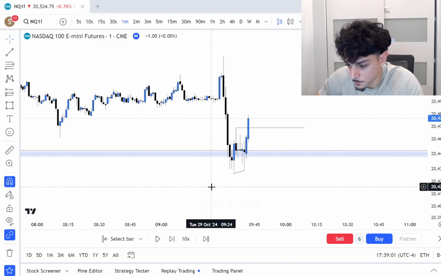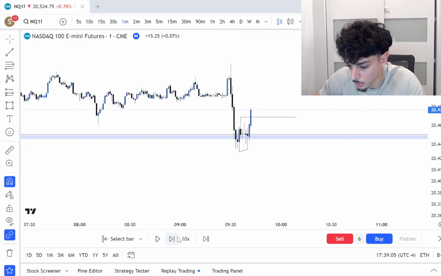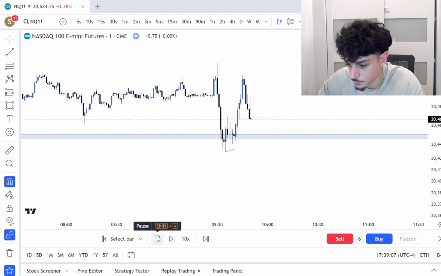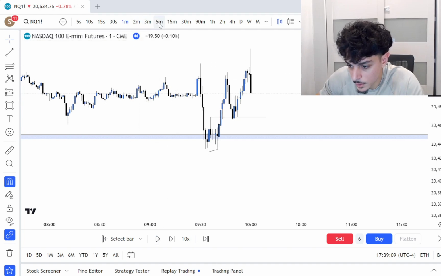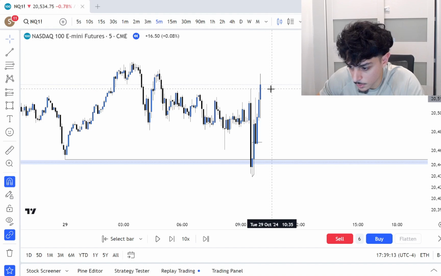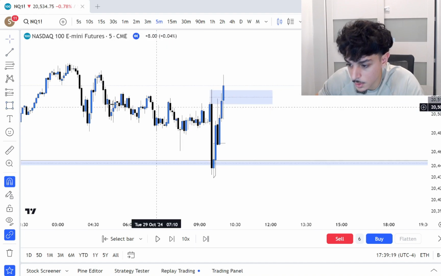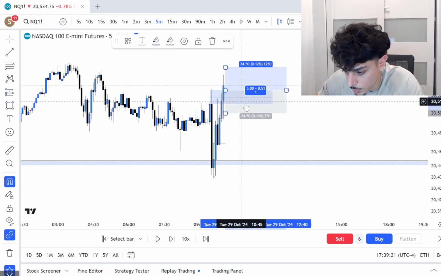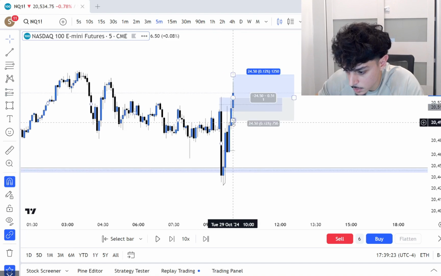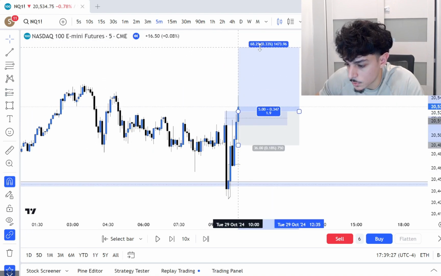In that scenario, you could enter on the pullback here if ES swept the low, but right here in that case, this is where you got your shift in market structure above this high, so this would become your breaker, and this is where you would go long from. Stop loss just below this candle's low here, and you would go for 1 to 2 again.